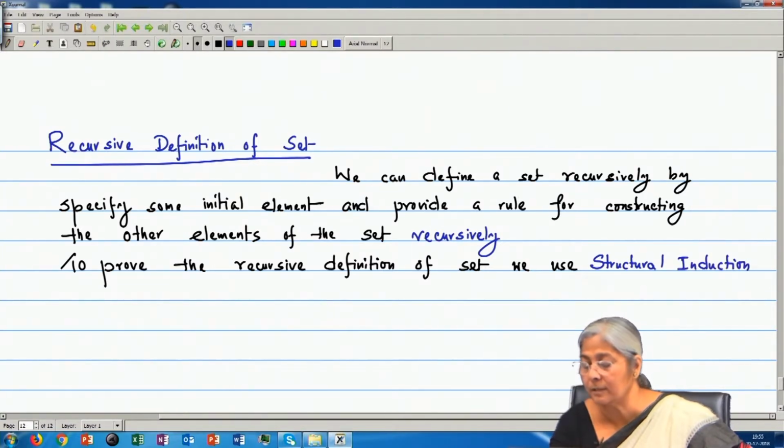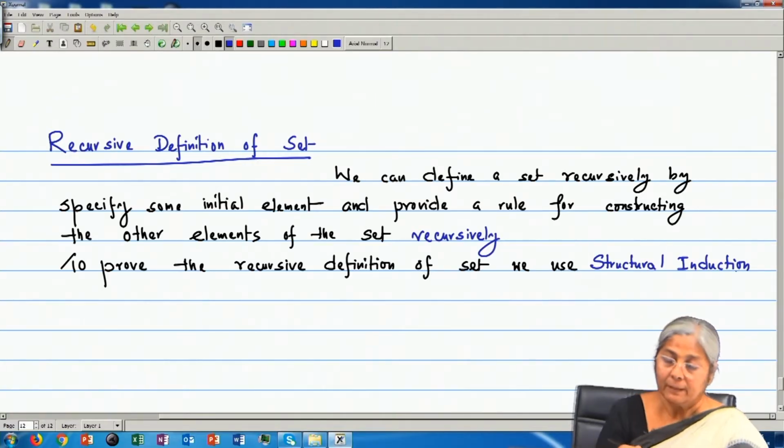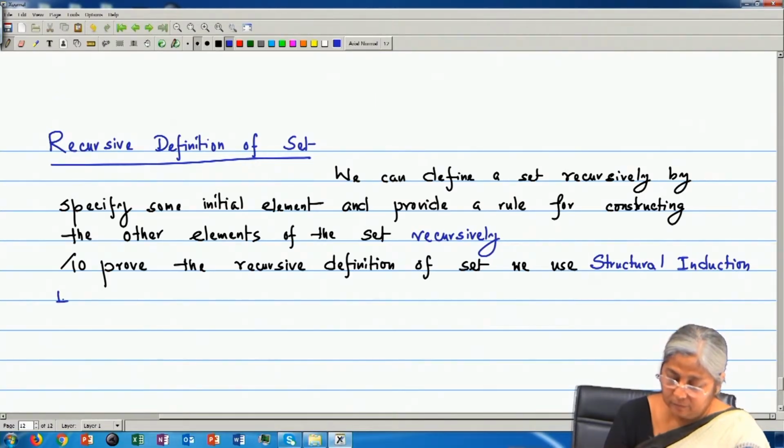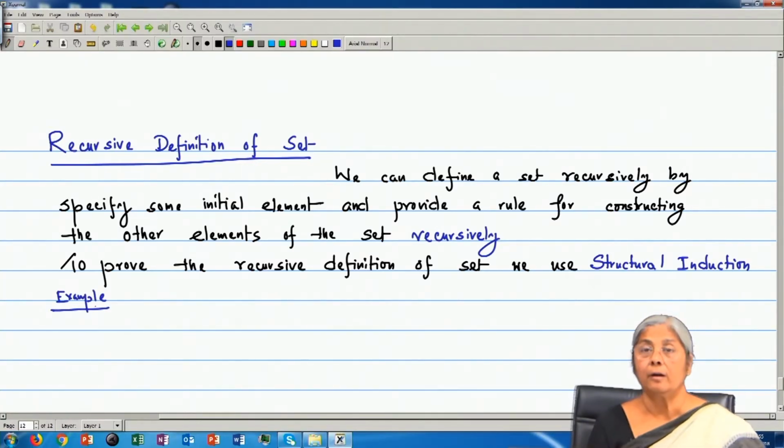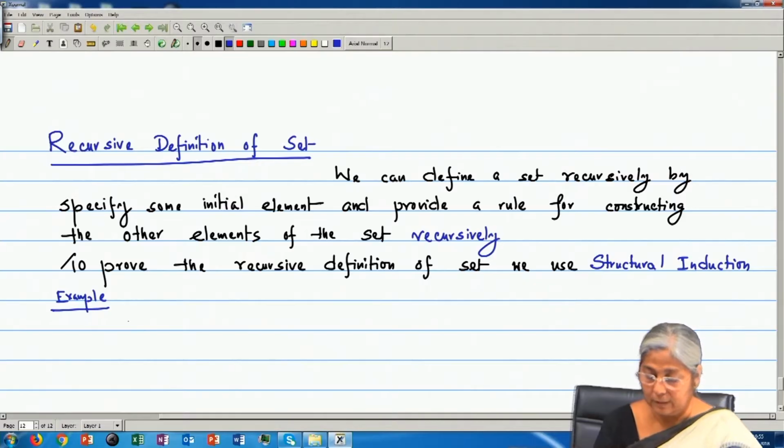I give one example. Say one element 5 is there.